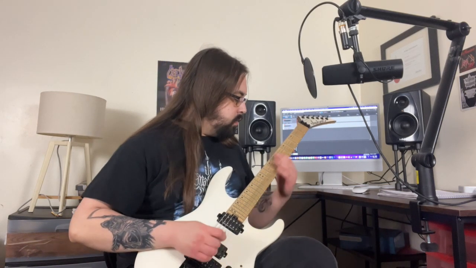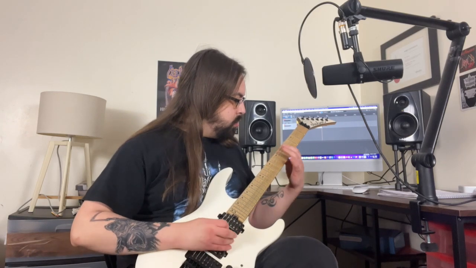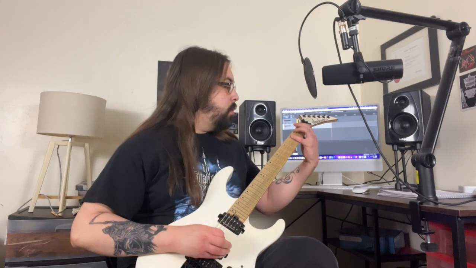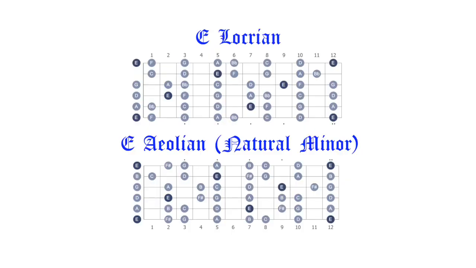Then here we're actually going into notes taken from an E natural minor scale. So you can think of this part here in bars 3 and 4 of the riff as being like a modal mixture between E Aeolian and E natural minor.